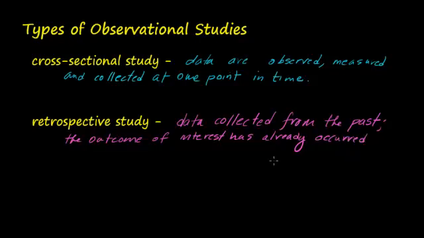So it might have already occurred, but no one's done any research on it or done any kind of data analysis of it. So just because it's occurred doesn't mean we have information about it. It's just in data form. So the researcher would go to old records and whatever that might be and study a particular topic.